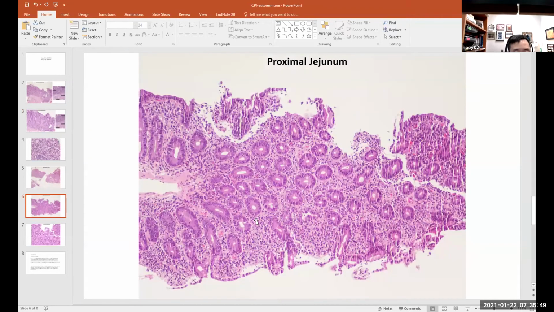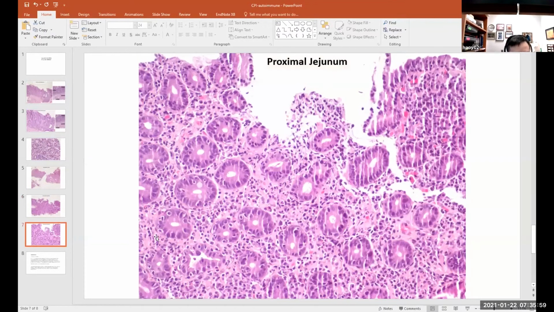Let's move to the jejunum. Again, a similar thing: blunting of the villi and expansion of the lamina propria, infiltrated by neutrophils and lymphoplasma cells, and also damage of the crypts. And again, you see the goblet cells and the Paneth cells are almost totally gone.